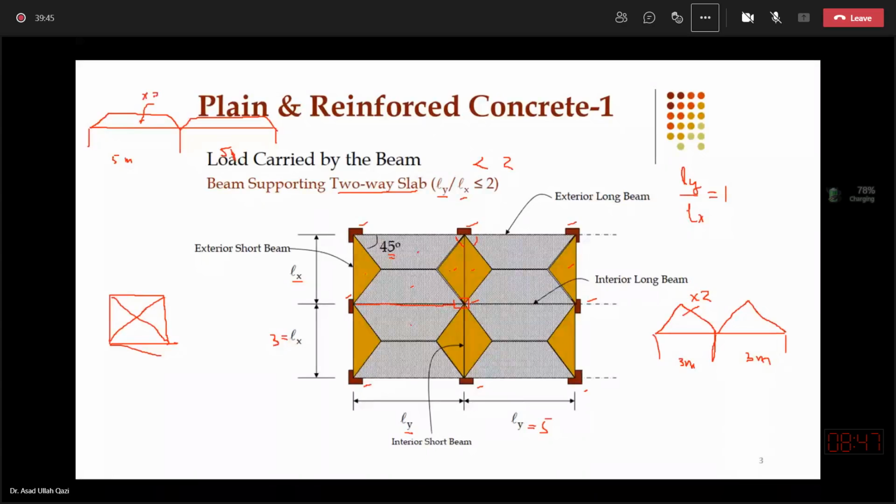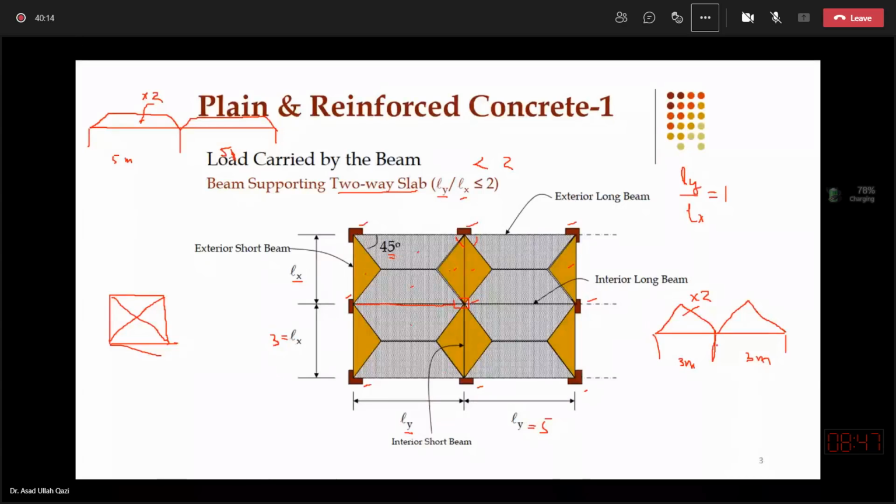If we are discussing the exterior short span beam, then there will be one triangle in each span. Now here the problem is a little tough, tedious, because you need to draw the bending moment diagram for a beam which is subjected to triangular load or trapezoidal load.